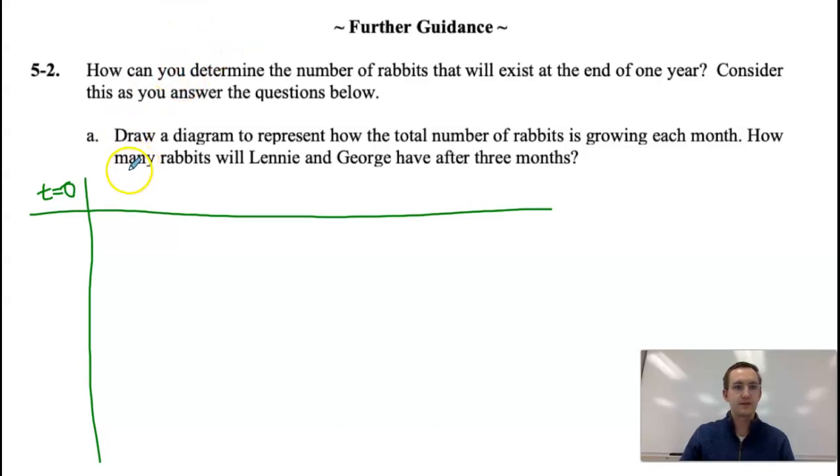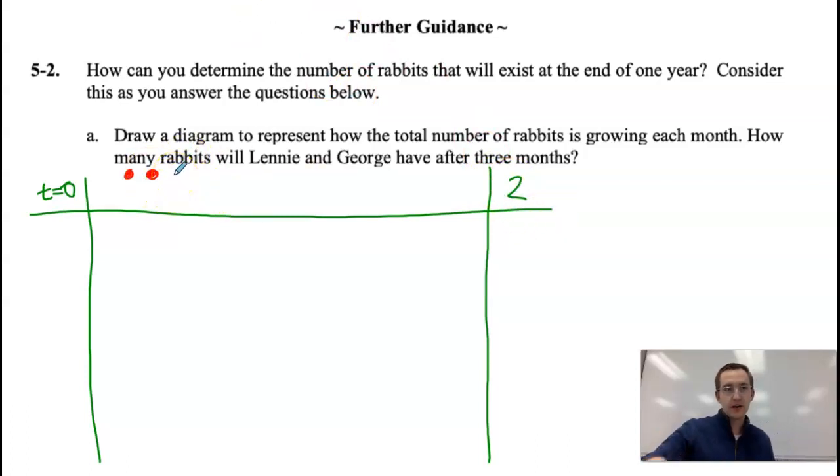I'm going to put our 2 rabbits right here, just 2 red dots. Now on the right-hand side, I'm going to put our total of 2 rabbits. This is our total, so this is the start of our table.